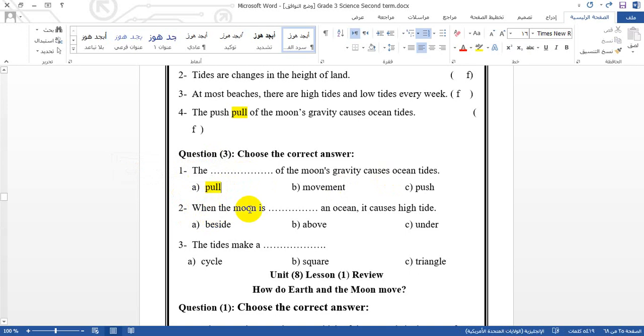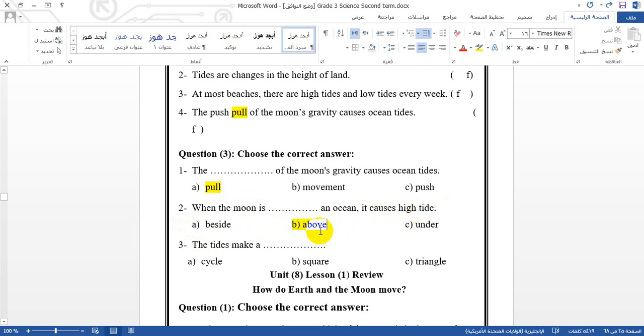2. When the moon is an ocean, it causes high tide. So which one is the correct answer here, A or B or C? Above, sure. Because it told you it causes what exactly? It causes high tide.